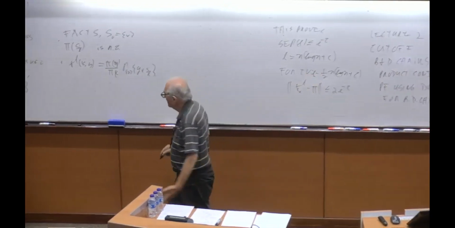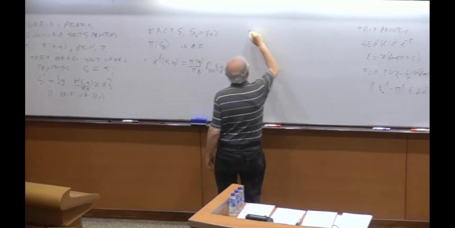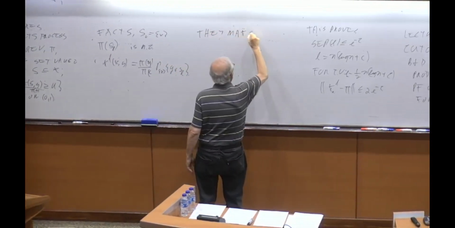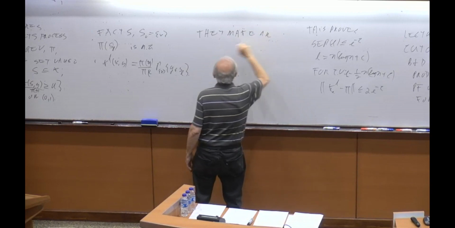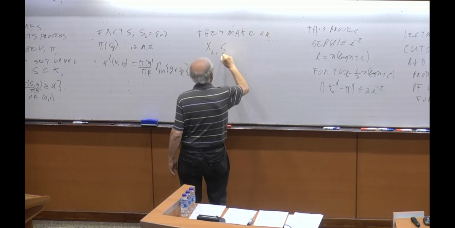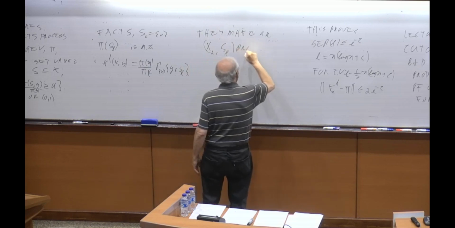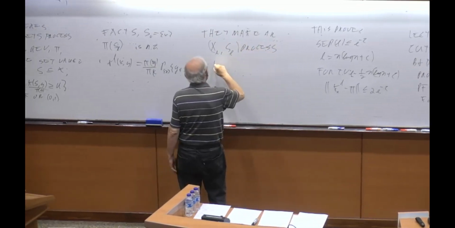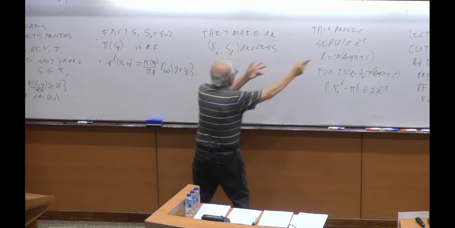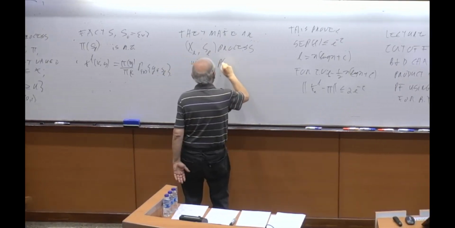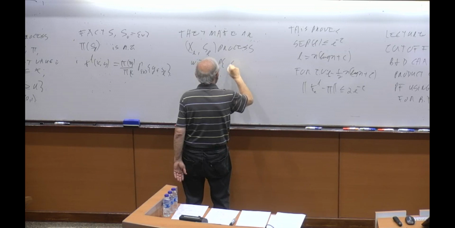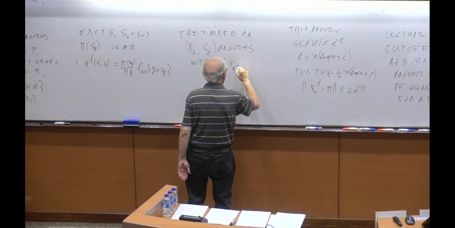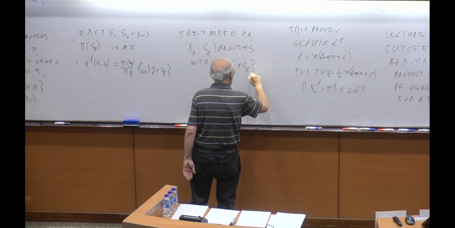Okay, and so they make an XL-SL process with these rules, with the probability that XL is contained in SL equals 1.